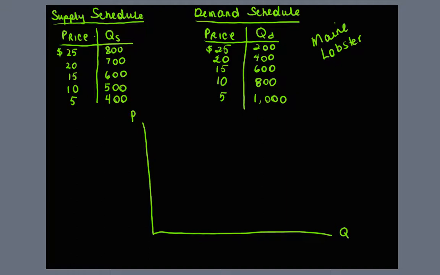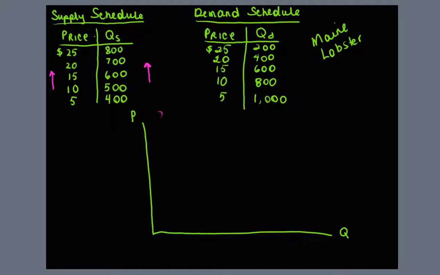And real quick, let's look at these schedules. In supply, we notice what we would expect to happen: as the price for Maine lobsters increases, so too does the quantity supplied.